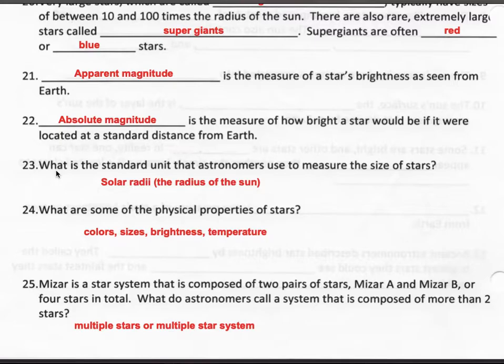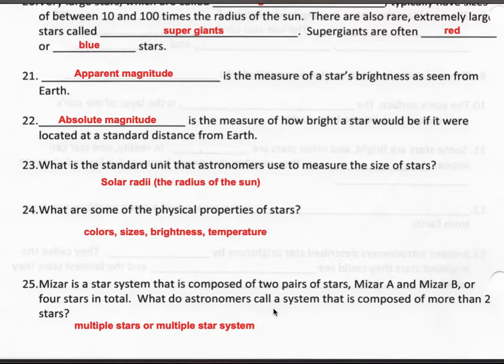Two stars may be the same size, but one may have a higher weight or be more dense and therefore would weigh more. But these four are the main ones that we've talked about this week.